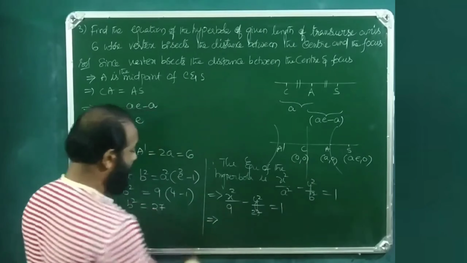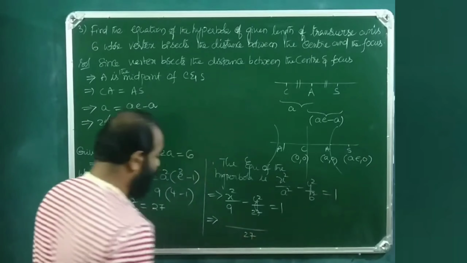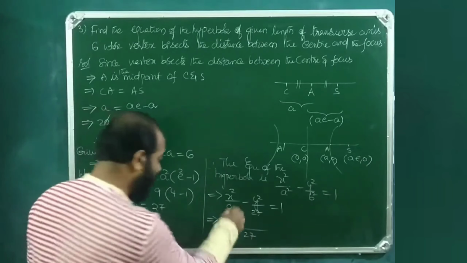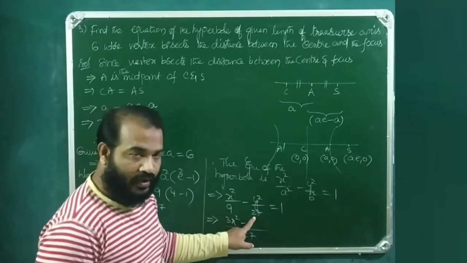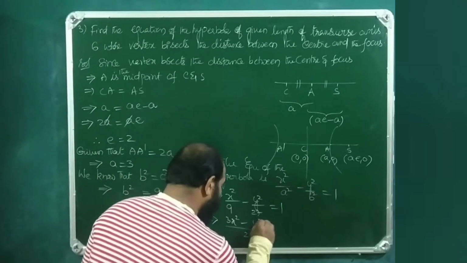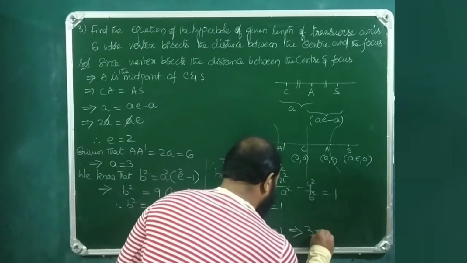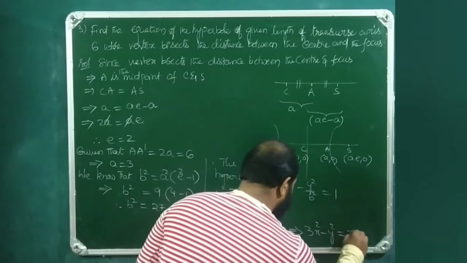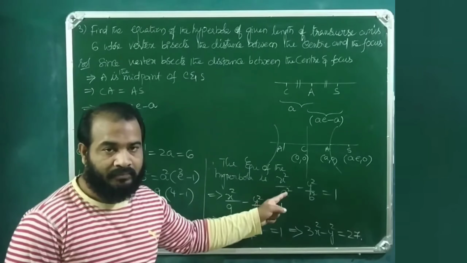The LCM is 27. 27 by 9 is 3, into x square, 3x square, minus 27 by 27 is 1, into y square, is equal to 1. Therefore, 3x square minus y square is equal to 27 is the required hyperbola.